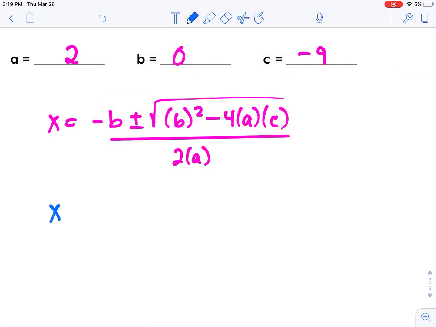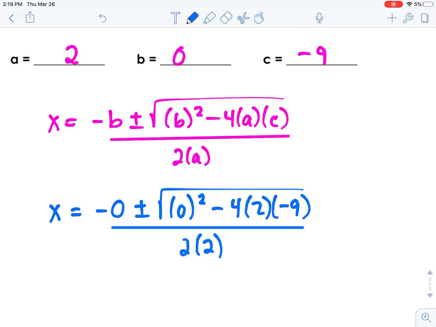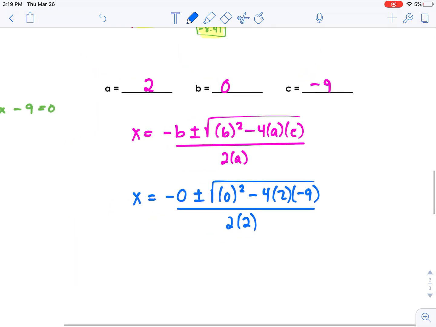I hope that you paused the video and tried to plug in. I'm going to show you what it looks like. It's opposite of b, plus or minus the square root of b squared minus 4 times a times c, all over 2 times a. Now what we're going to do is type that into our calculator.